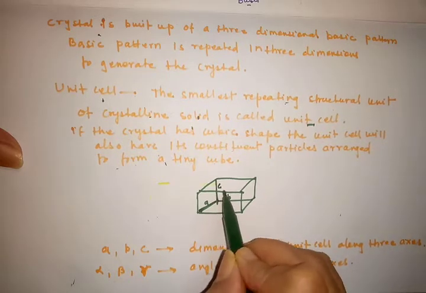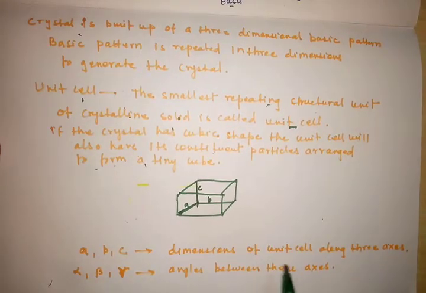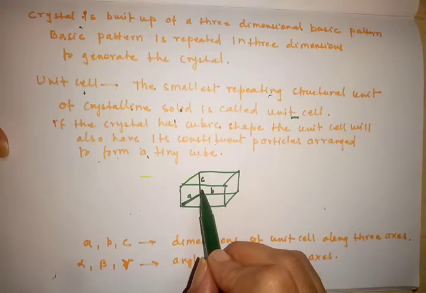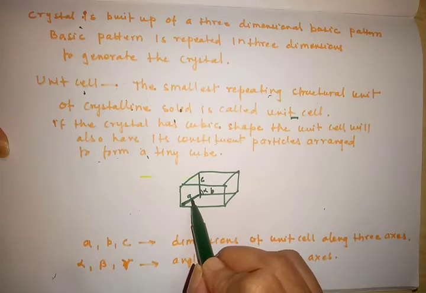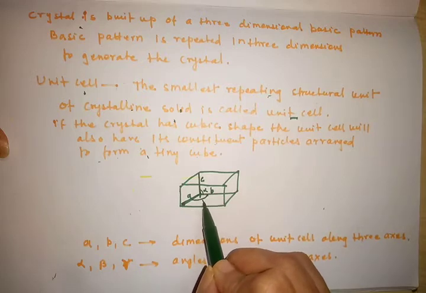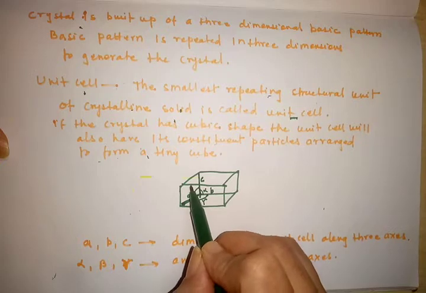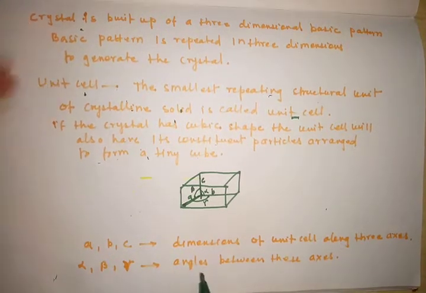So a, b and c are the dimensions of the unit cell along three axes, and alpha, beta and gamma are the angles between these axes. You can consider the angle between b and c as alpha, the angle between a and b as gamma, and the angle between a and c axis as beta.